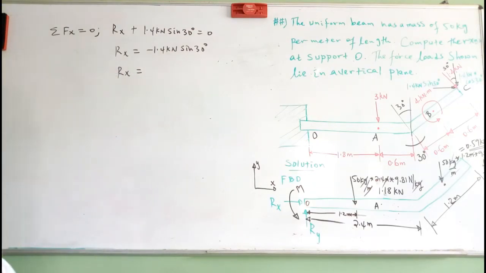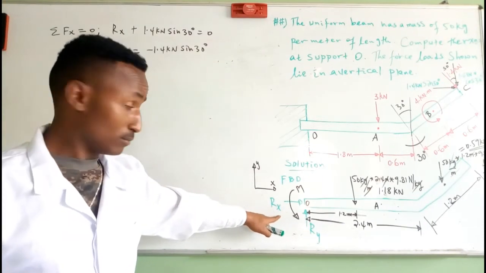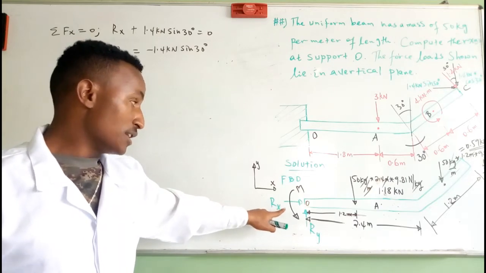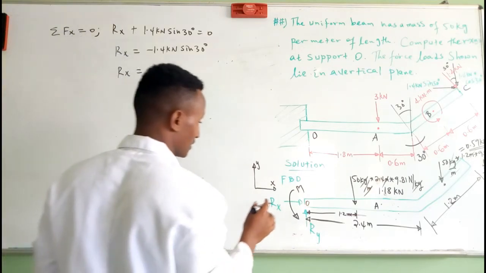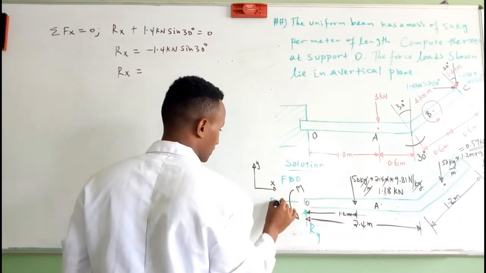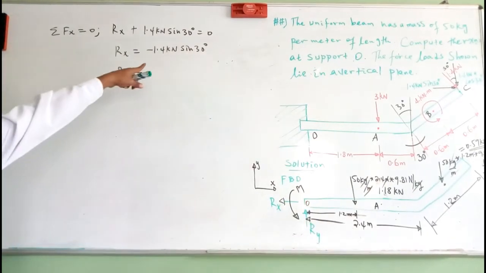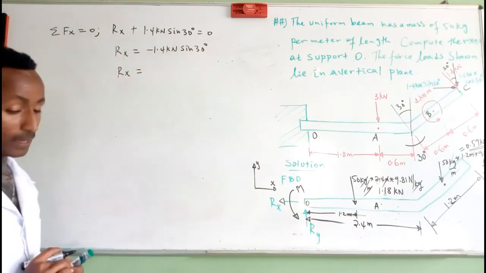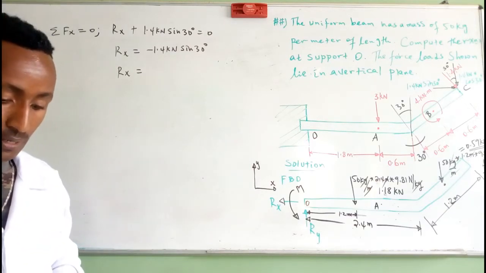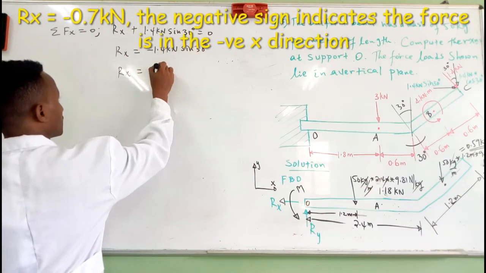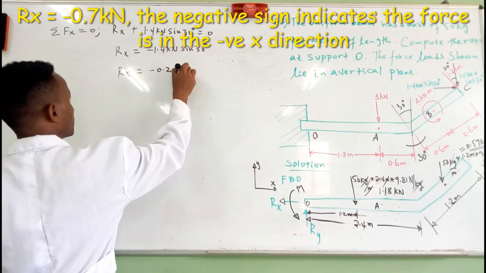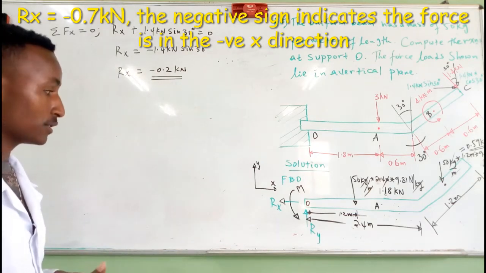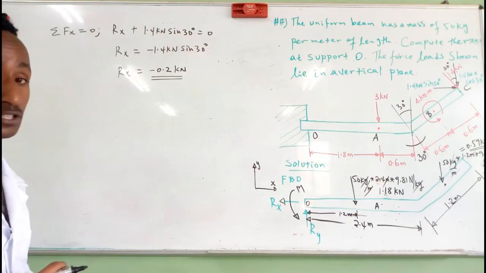The negative sign indicates our assumption for Rx is not correct. Rx is along negative x direction. So the answer becomes negative 0.7 kilonewton. The negative sign indicates the force is along negative x direction.